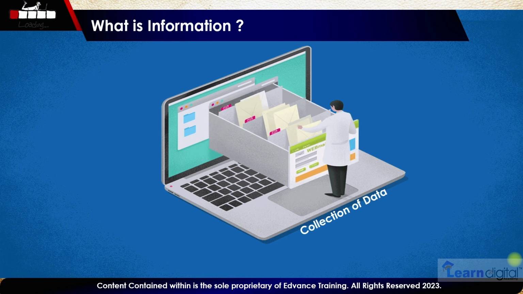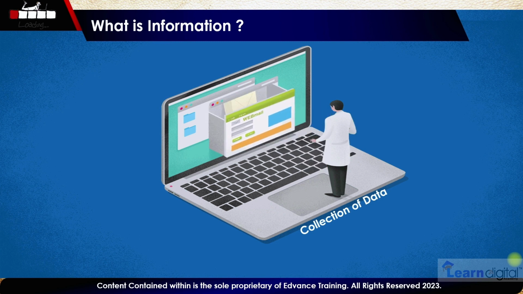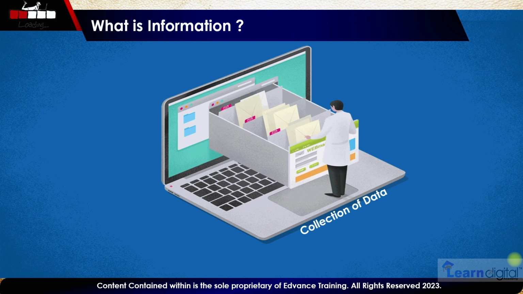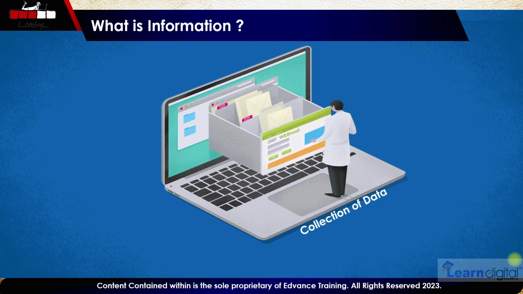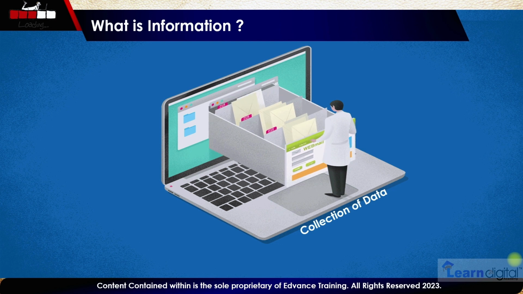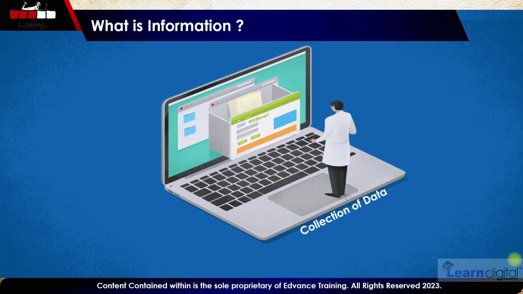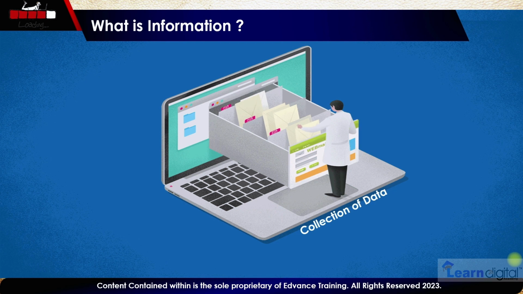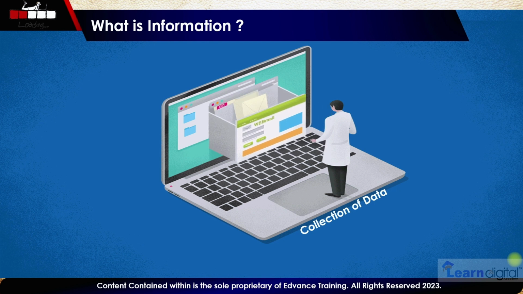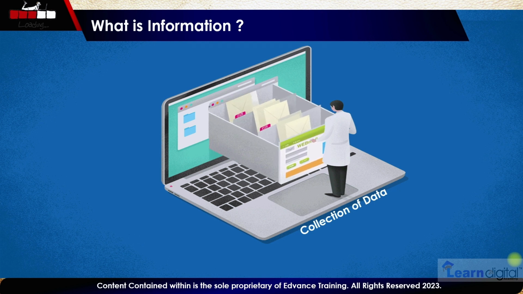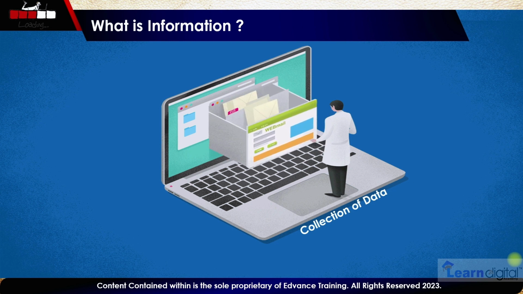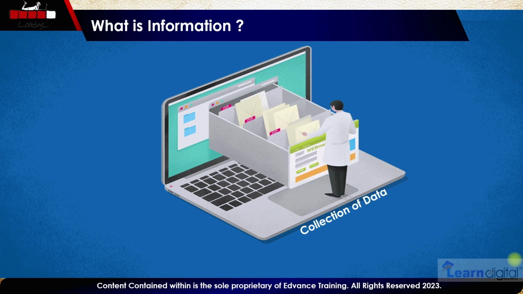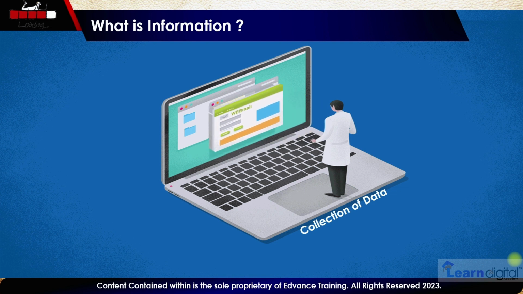Next, what is information? As we discussed earlier, data is a collection of facts and figures. But when you collect these kinds of data, that is known as information. Like there are four students. The first username is A, the second one B, C, and D. Their mobile numbers are 123, then second 456, third 567, and the last one is 8910.